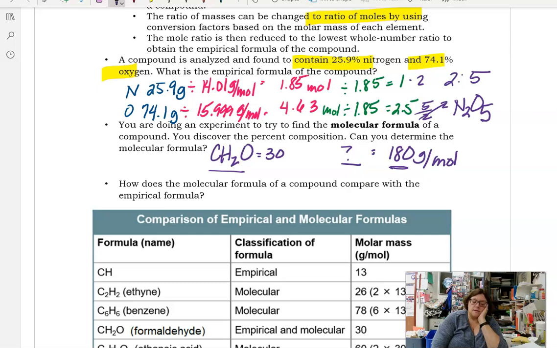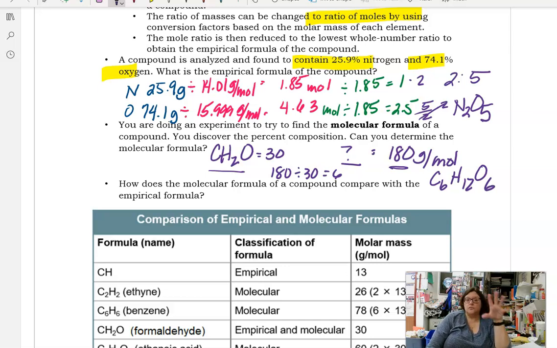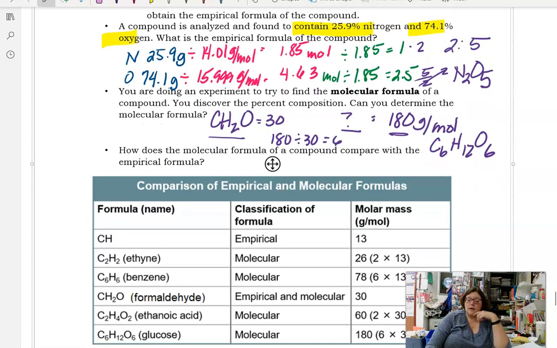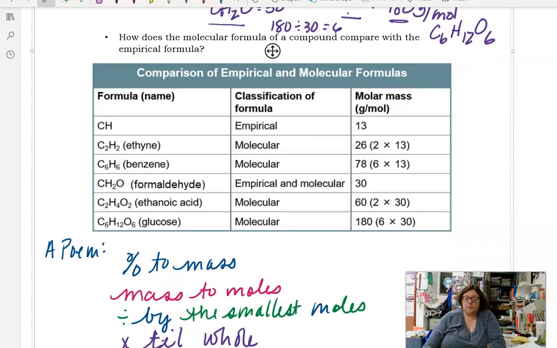What that means, I'm going to take C6, H2 times 6 is 12, O6. So what you have to do with the molecular formula is you need to know the mass of the compound and then the mass of the empirical formula, and you divide the empirical formula into the molecular formula.